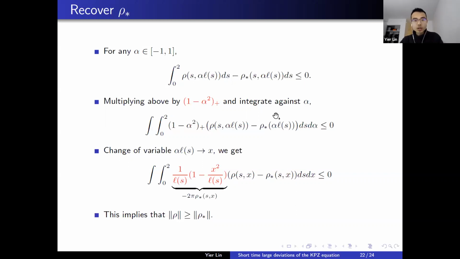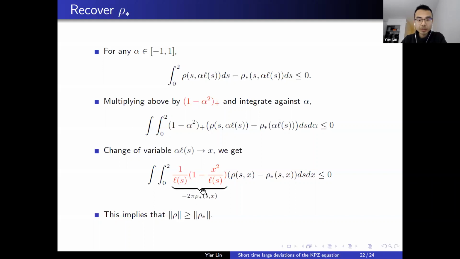Then if you multiply this integral by a certain function like 1 minus alpha squared, you immediately get the second line. Then, applying a change of variable by replacing alpha L with x, you can recover the relation between rho and rho star.